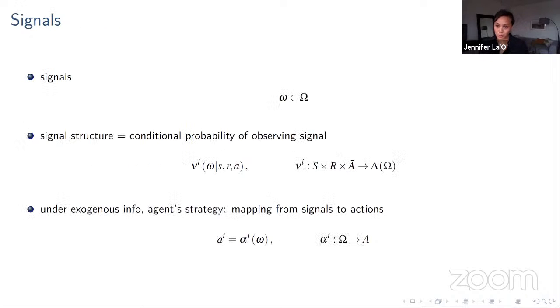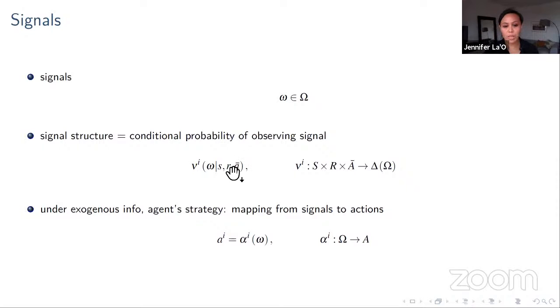Now let's talk about information. Agents see signals, which we denote by omega. In any paper with incomplete information, a signal structure is simply a conditional probability of observing a signal. Here we allow agents to have a signal structure that is the conditional probability of observing omega, given that the aggregate states are S, R, and A bar.